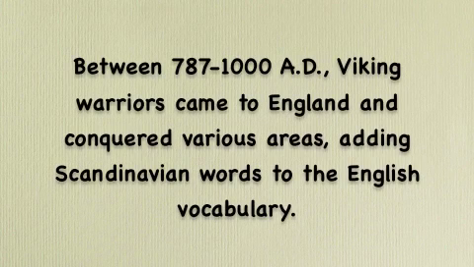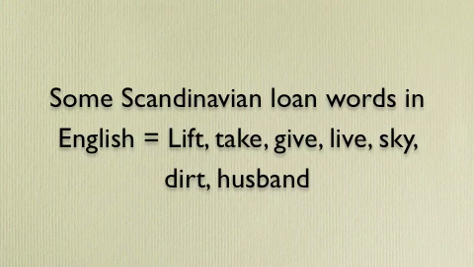Between 787 and 1000 AD, Viking warriors came to England and conquered various areas, adding Scandinavian words to the English vocabulary. Some Scandinavian loanwords in English include lift, take, give, live, sky, dirt, husband.